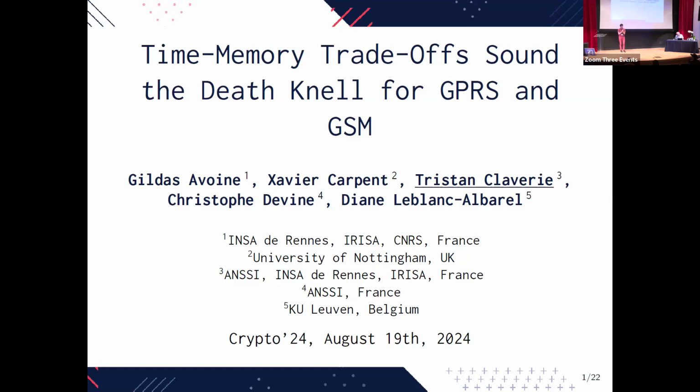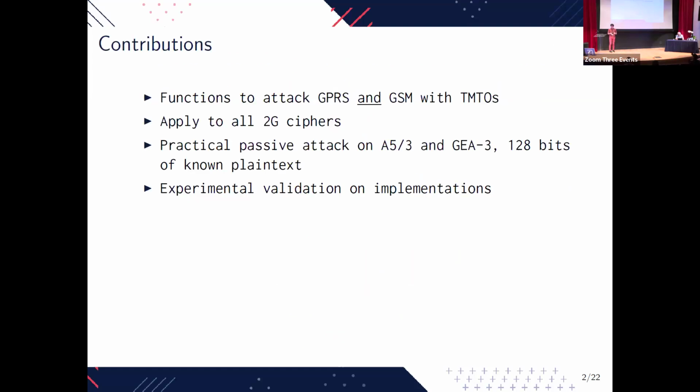I work for the French National Cybersecurity Agency, and this is a collaboration with academia on the security of 2G encryption functions when faced with time memory trade-offs. In this presentation, we'll define functions that allow us to attack both GSM and GPRS technologies using time memory trade-offs.